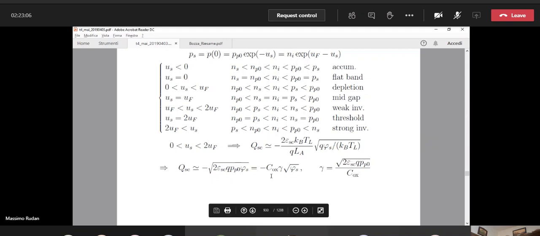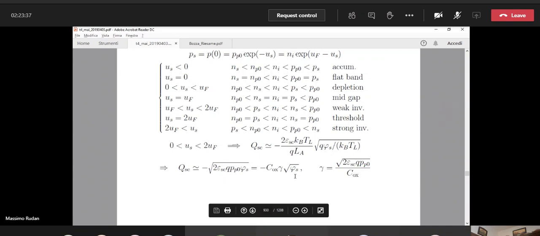At this point, for reasons that are not obvious but will become obvious very soon, we divide and multiply by the oxide capacitance per unit area, so that the old square root that appeared in the equation is divided by the capacitance, and this ratio is called gamma.